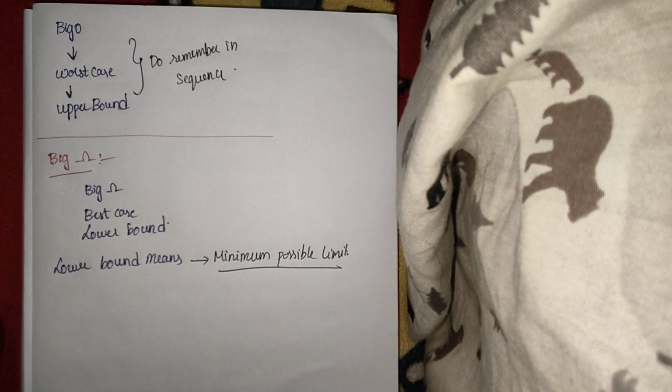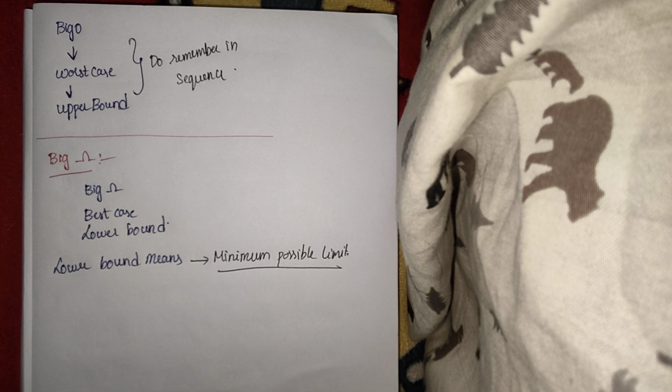A real life example: suppose there is no traffic, empty roads, green signals. Now your journey takes only 15 to 20 minutes. You can reach in less than 15 or 10 minutes. That is your minimum possible time. That minimum limit is called lower bound.